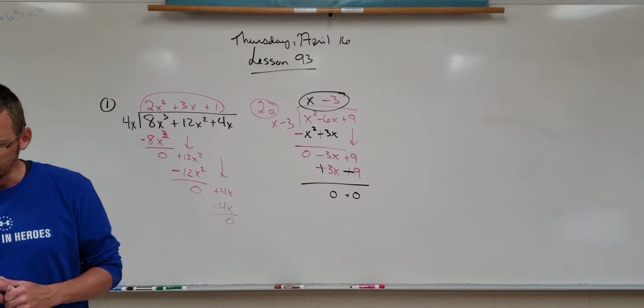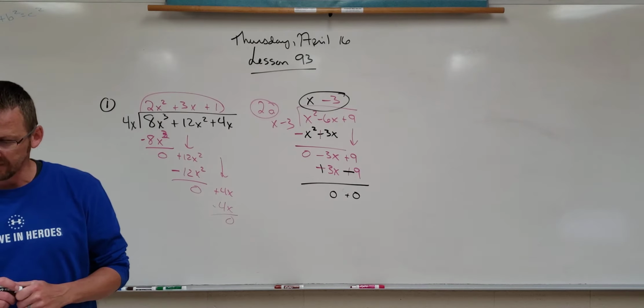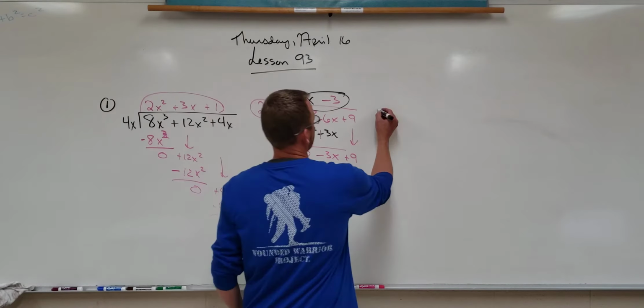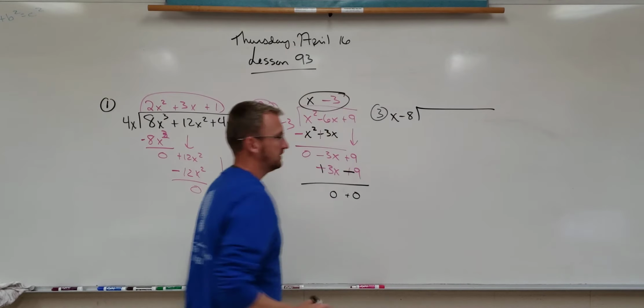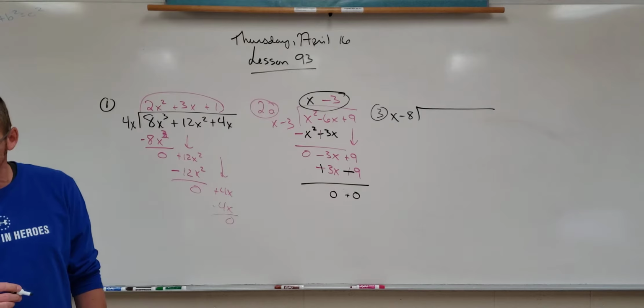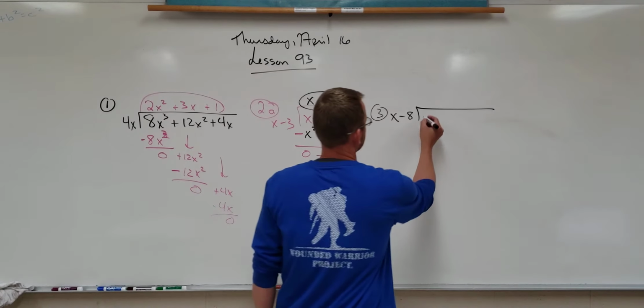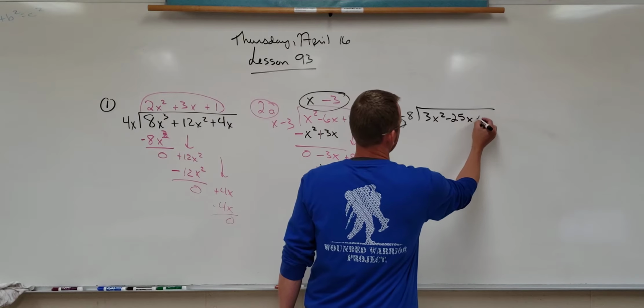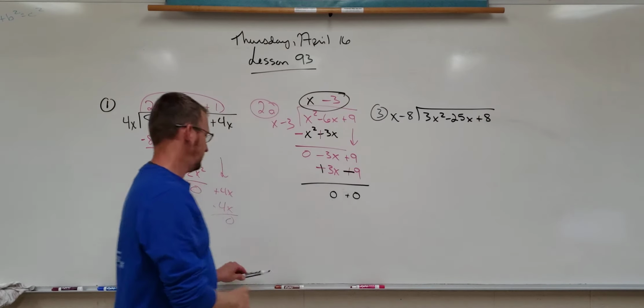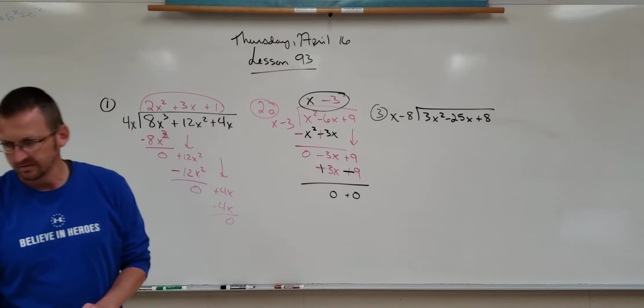So on example 3, same concept, rearrange. We're going to have x minus 8 on the outside. On the inside, 3x squared, because we need to rearrange, minus 25x plus 8. And now we start to solve.